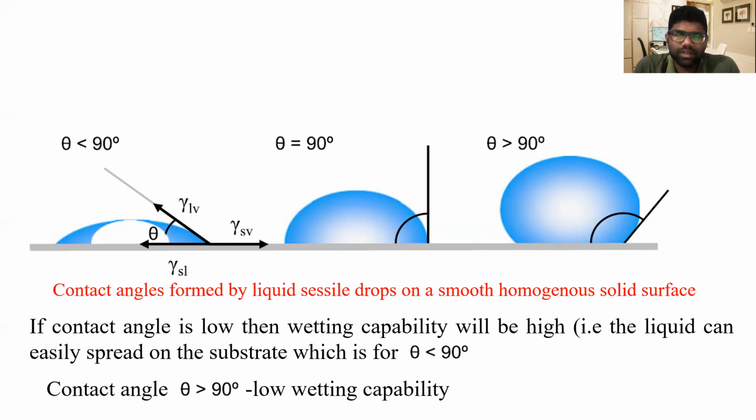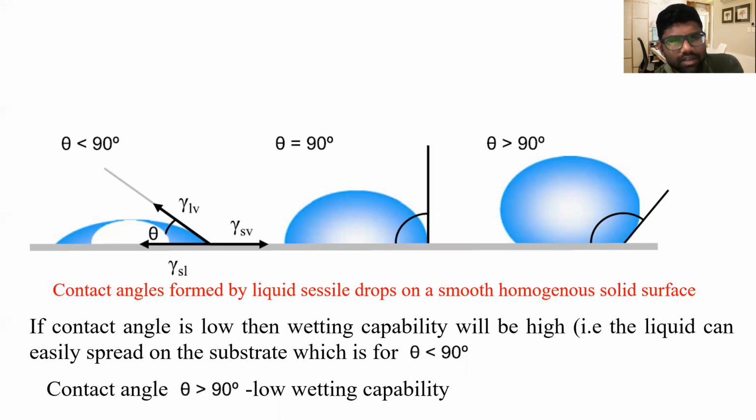If the surface is not homogeneous, then we cannot study the surface properties with the contact angle measurement. So the surface must be smooth and it must be homogeneous.